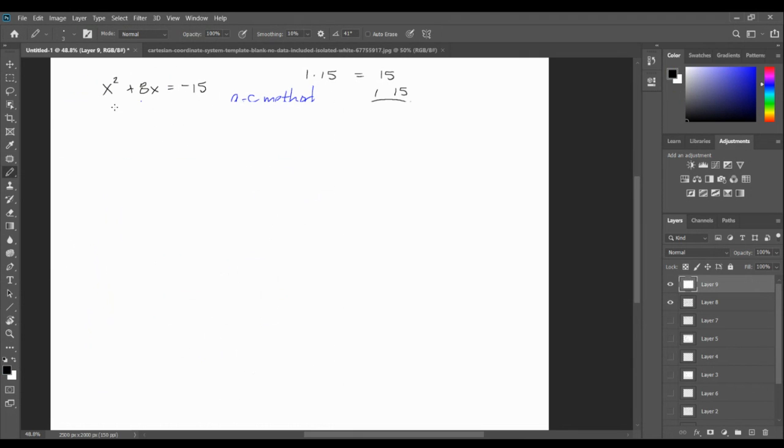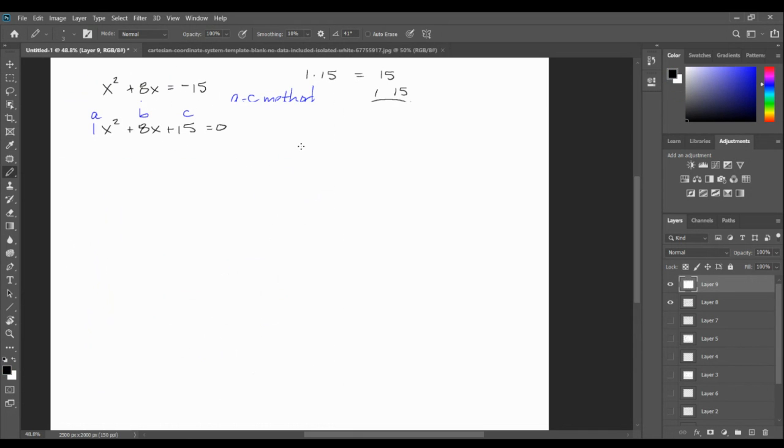So we've got our formula after we bring the 15 over: x squared plus 8x plus 15 equals 0. The coefficients are a, b, and c. So a is 1, b is 8, c is 15.